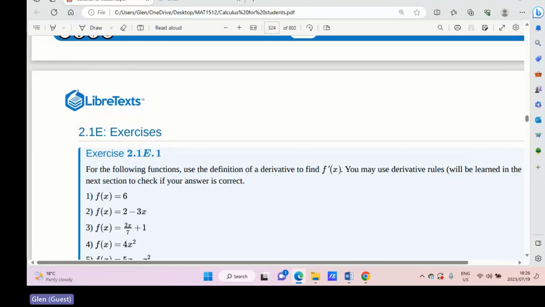Now the two of you need to talk. How did you get -3? I use f of x plus h minus f of x over h. So f of x was 2 minus 3x. So I said 2 minus 3 into x plus h, minus brackets 2 minus 3x, over h.